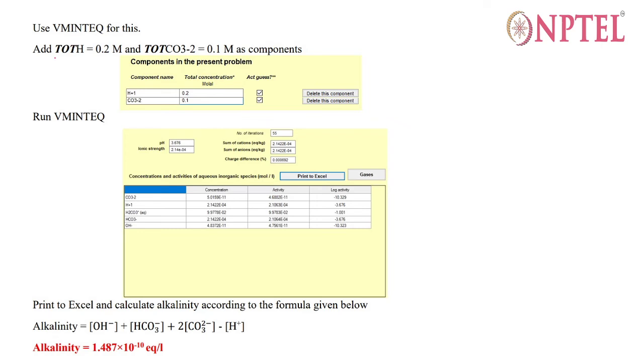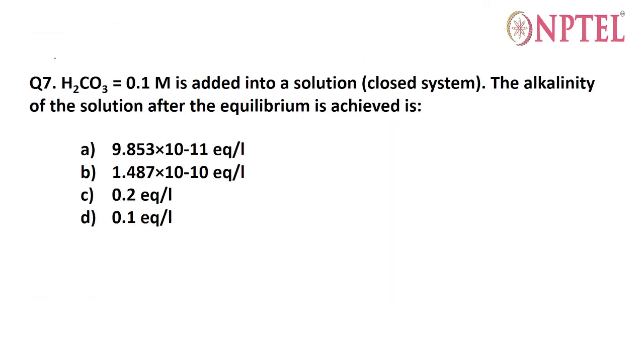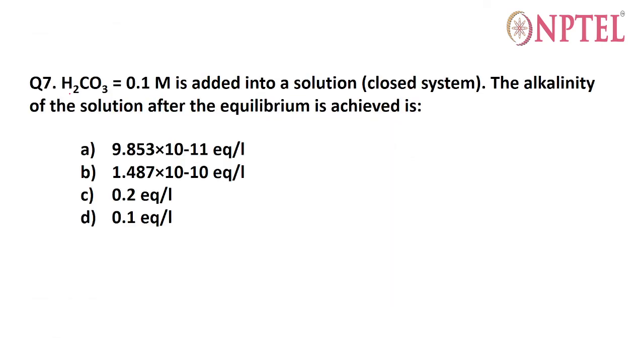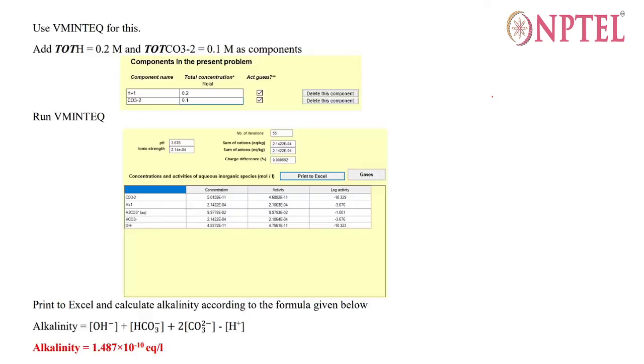It is nothing new. So first, what is the data? The first data is that H2CO3 concentration is 1 millimolar, right? This is the only data, and it is a closed system, so no interference or interaction of atmospheric carbon dioxide or other gases.